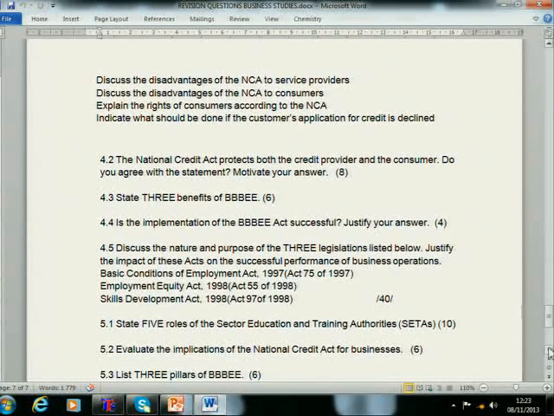And with this information, I hope you will be in a better position to answer any question that may be asked in the legislation. As you can see, a lot of marks are awarded for this section. You need to take it seriously. It's one of the easiest parts in business studies, wherein learners can score as many marks as possible.